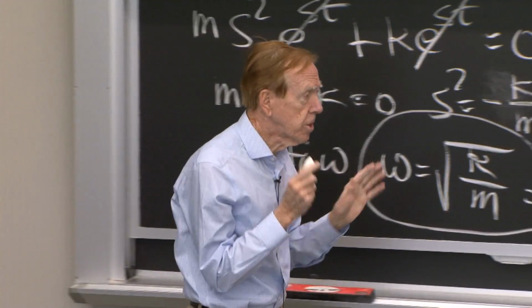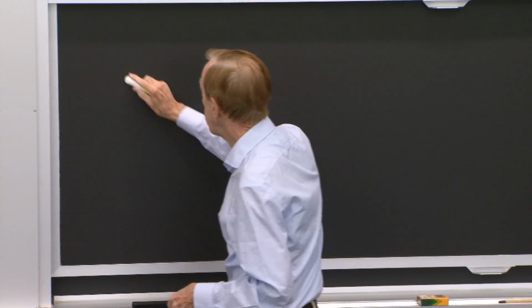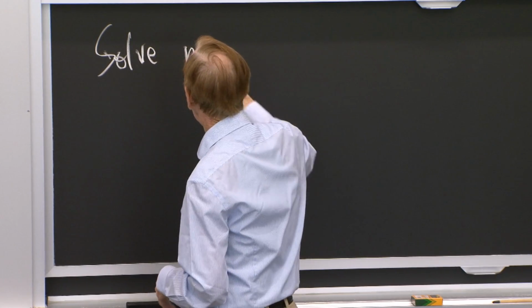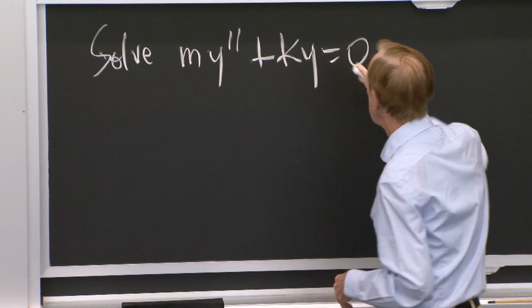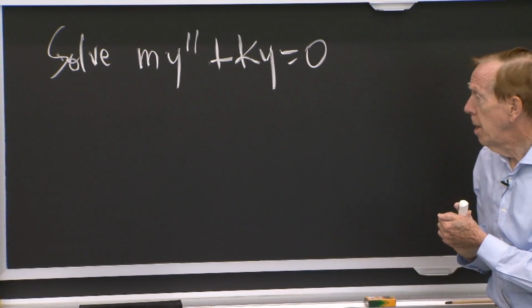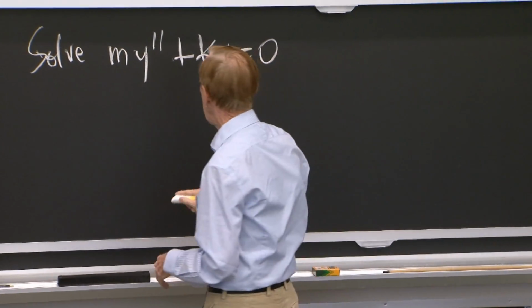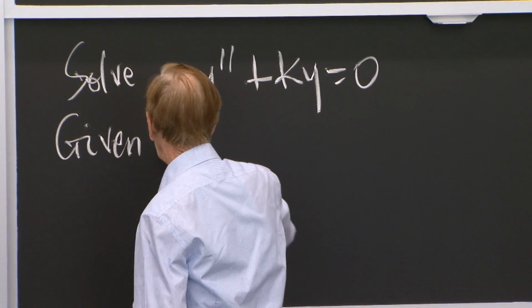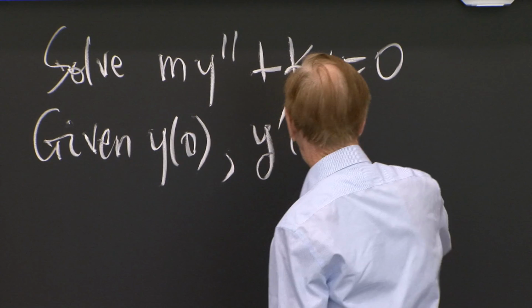So let me just go ahead with what you know, the initial condition. Now I want to solve m y double prime plus ky equals 0. So I'm still talking about the unforced equation with given y of 0 and y prime of 0.